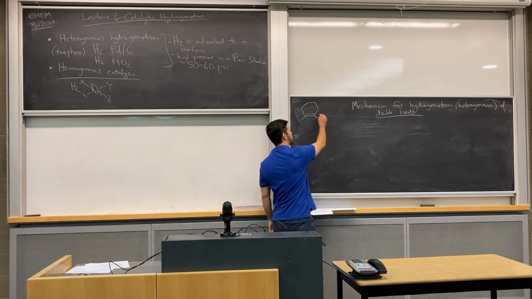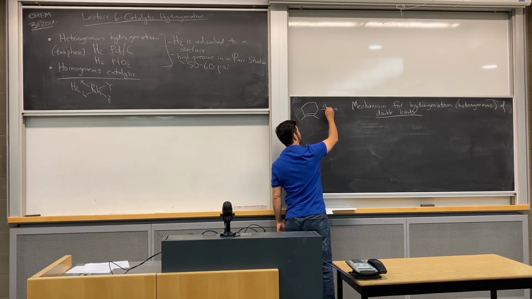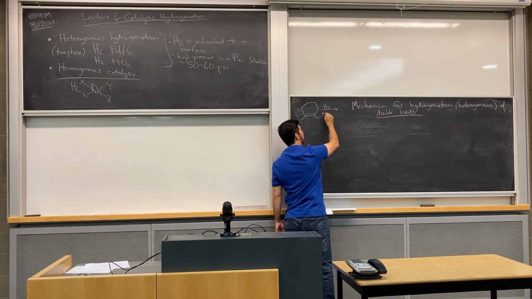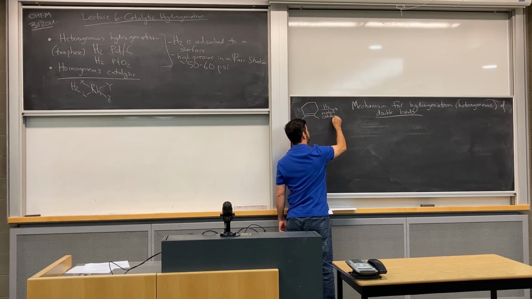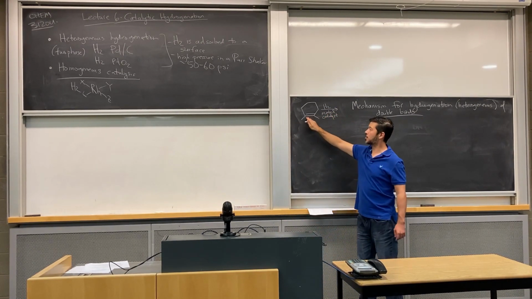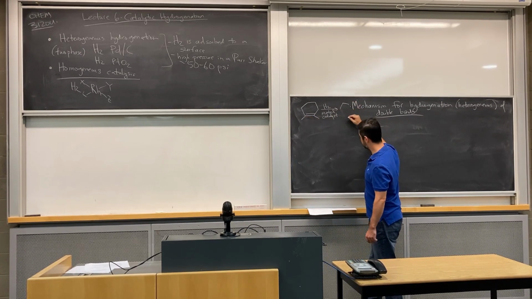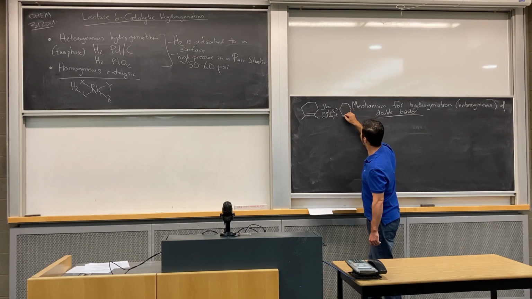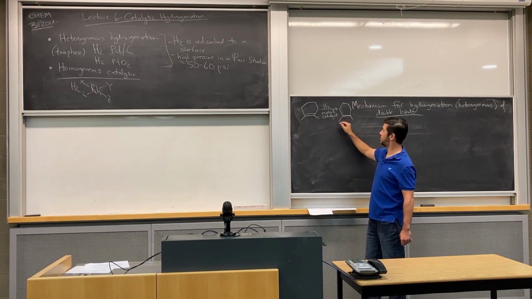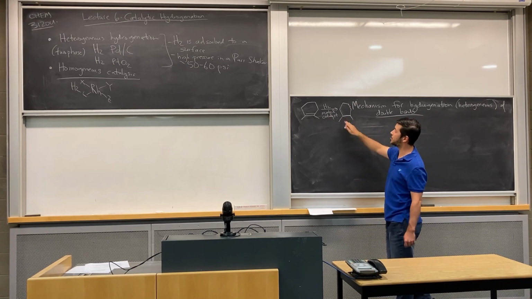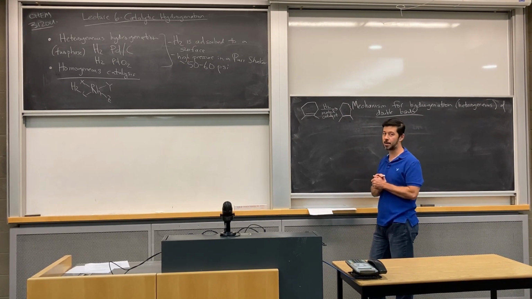If we hydrogenate this with H2 over, let's just call this a metal catalyst, you know that you're going to reduce this double bond and generate this structure here with your new hydrogens attached. But let's think about the stereochemistry and how these interactions actually happen.